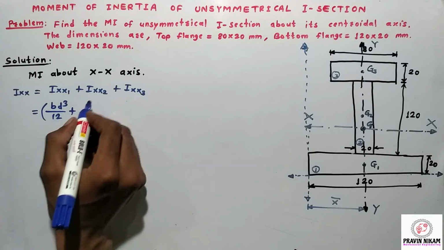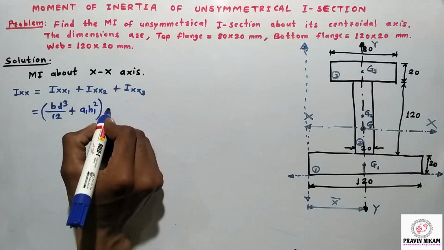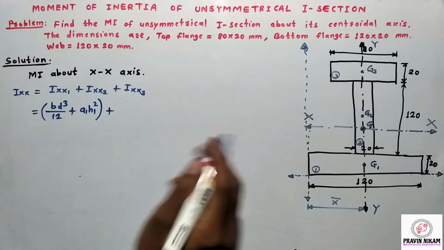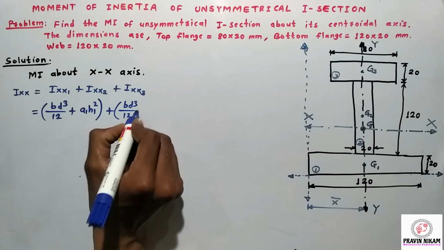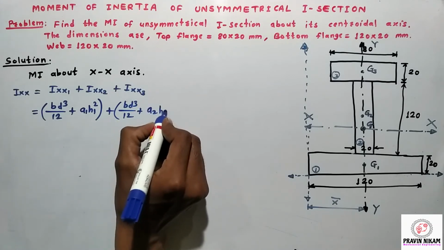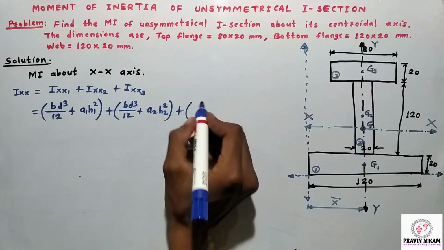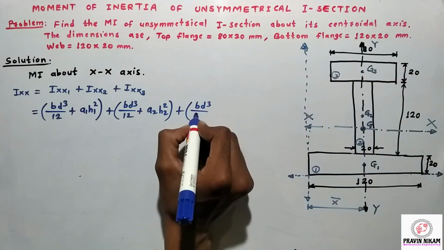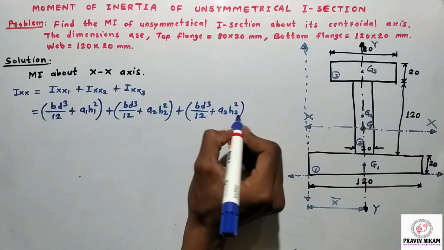So BD cube divided by 12 plus A1H1 square. This is for section 1. Now for section 2, again BD cube divided by 12 plus A2H2 square, plus for section 3, again BD cube divided by 12 plus A3H3 square.